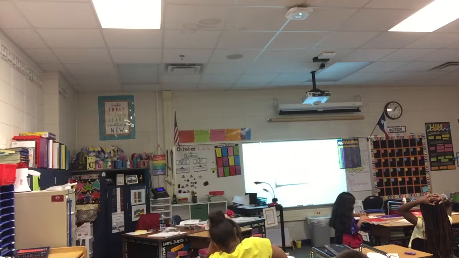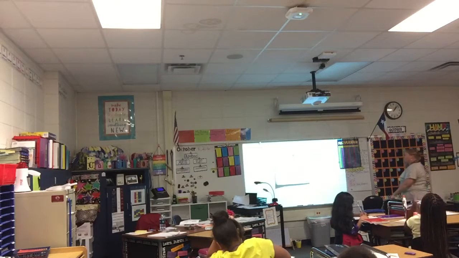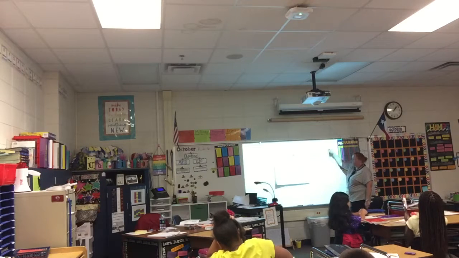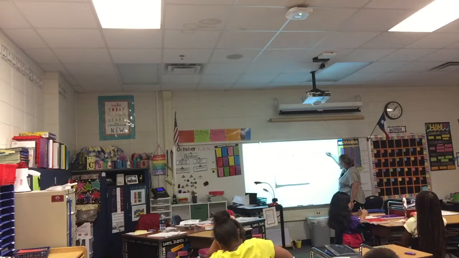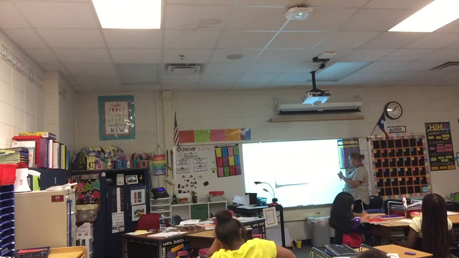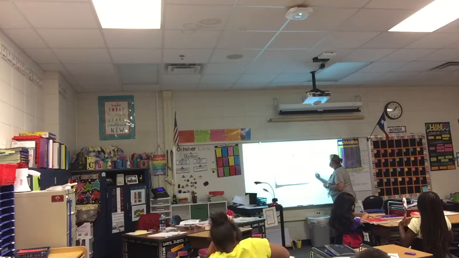Let me say it one more time. The divisor is the number that the dividend is being divided by. So we're dividing by 3, so that's our divisor. Then we have it right here on the outside. 3 is our divisor.